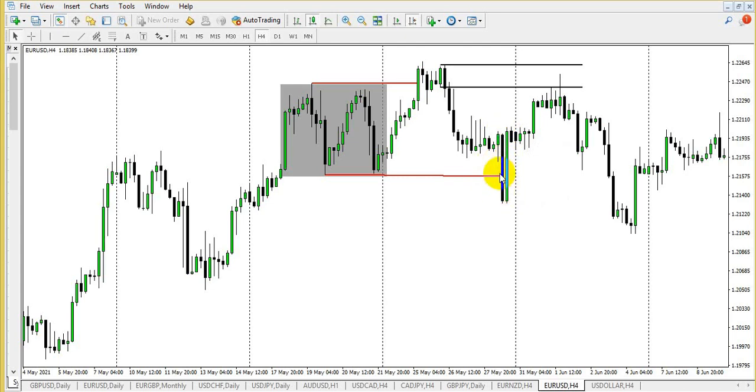Retail traders actually do two things here. I'm going to state it again. Just like in this case, retail traders expect price, for the third time, because they have seen consistency in support, they expect this support line to be a strong line of support.